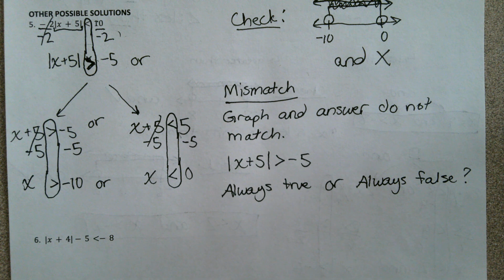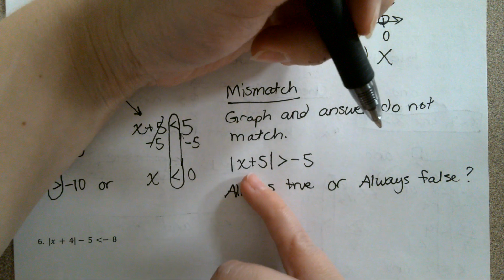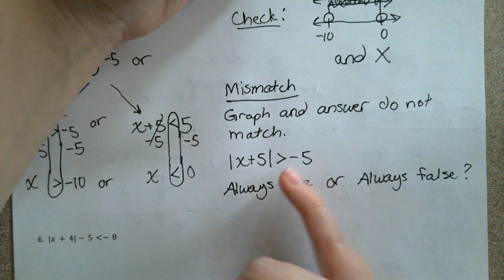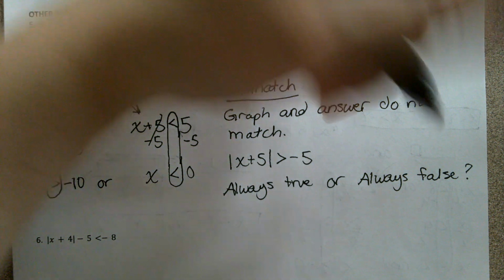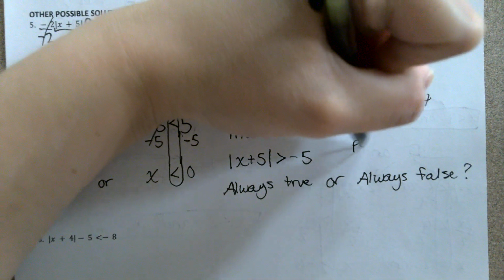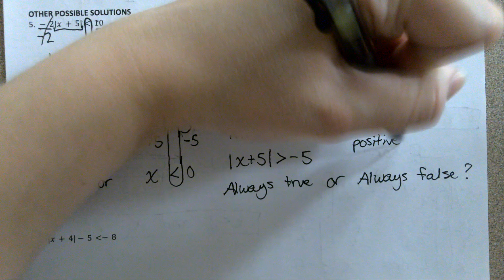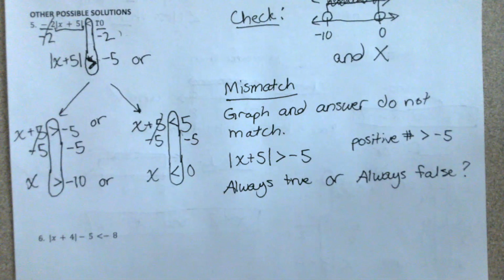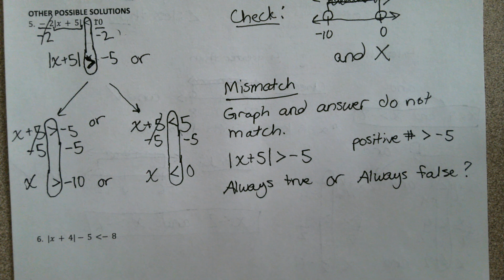So just to give you an idea, we essentially have the absolute value, which is always positive, is greater than a negative number. So I'll write positive number greater than negative 5. Now if we write it like that, is that always true or always false?